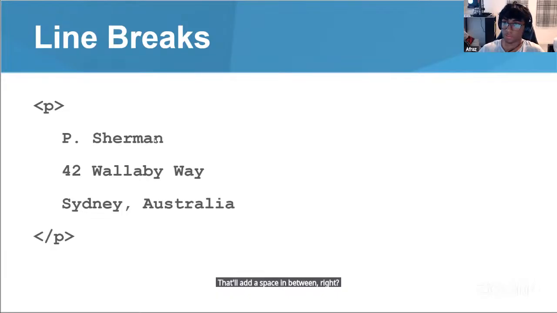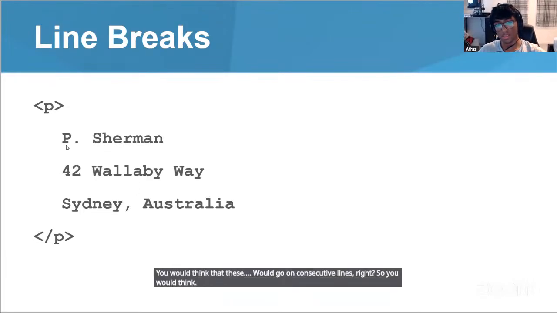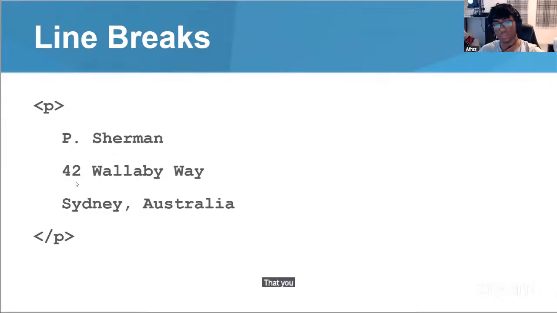So for example here, let's learn how HTML deals with white space. And what is white space? White space is just space that is empty in the code here. So we see P. Sherman, 42 Wallaby Way, Sydney, Australia. You would think that these would go on consecutive lines, right? You would think this is how we would display it in the website.